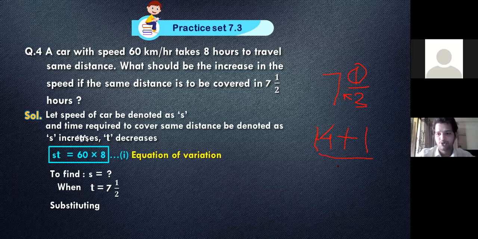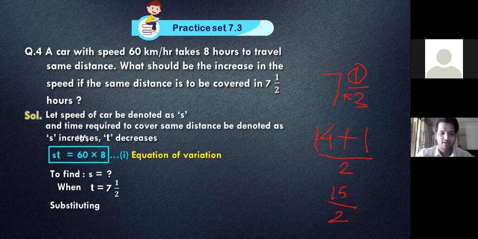And divide by 2. So that gives you 15 upon 2. So we'll repeat the step once again. 2 into 7 is 14 plus whatever number is written in the numerator, write it, whole divided by denominator 1/2. All right, students, clear?